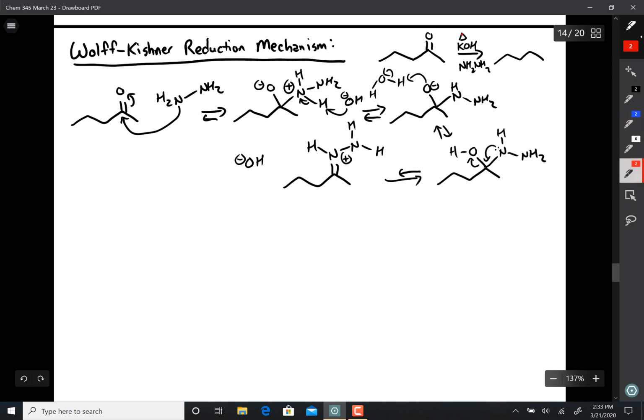But we are heating this up, providing the energy necessary to do such a bad step. And hydroxide takes a proton off. And we end up getting this intermediate right here, which is called the hydrazone.